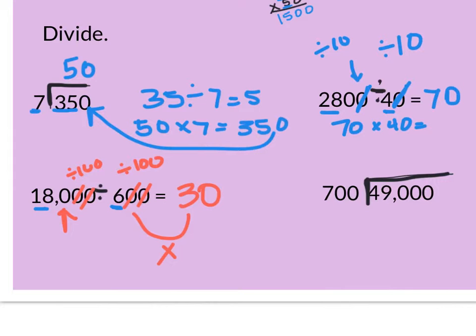Okay, and so we do it the same way if it's presented this way. There are 2 zeros in 700, and I have 2 zeros in 49,000 that I can cross out. 49 divided by 7 is 7, and I have a 0 left over, so we have 70 is our answer. And again, if I multiplied those two numbers, I should get 49,000.